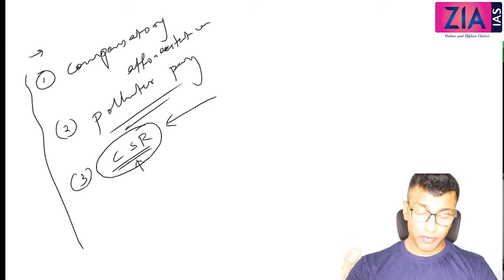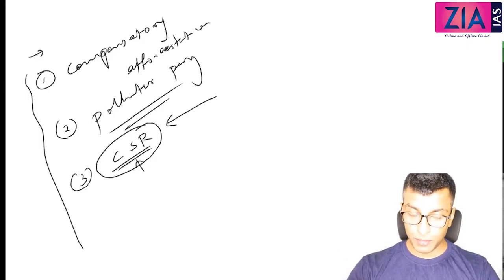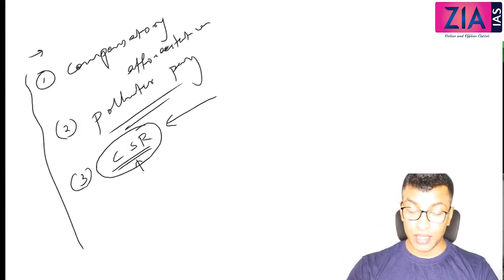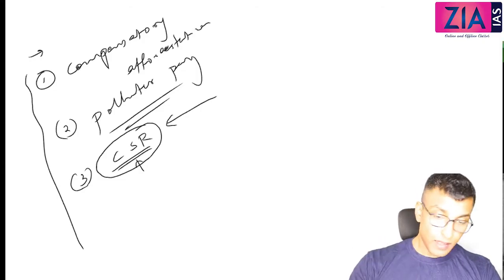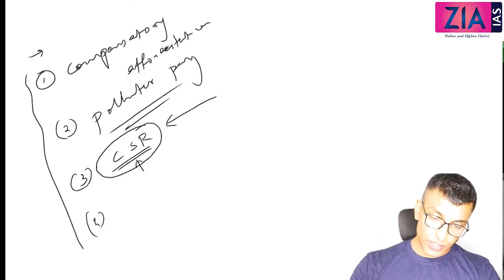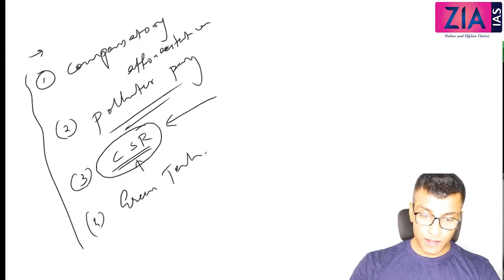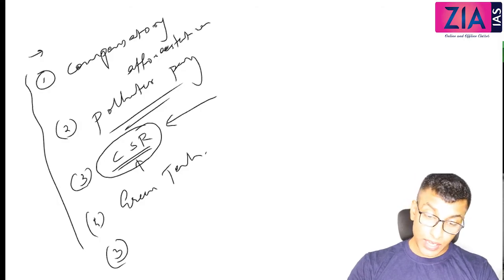Most of the case studies are related to social issues or social problems, related to sanitation, drinking water issues, education, health or anything, you can use this corporate social responsibility. You can also talk about green technology, energy saving mechanisms, the 3 R's. What is this 3 R's?